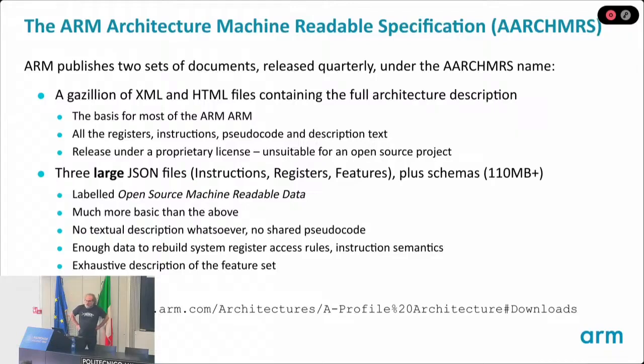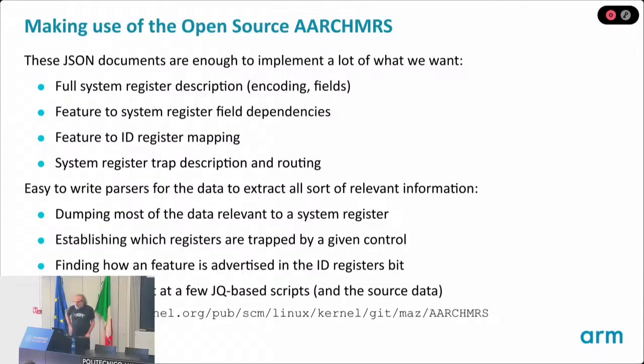So it's much more basic. It has none of the text, it has no shared pseudocode, but it has just enough data to build what we want to achieve. And more importantly, it's BSD licensed. I left the link where you can actually download the latest. So how do we make use of this?